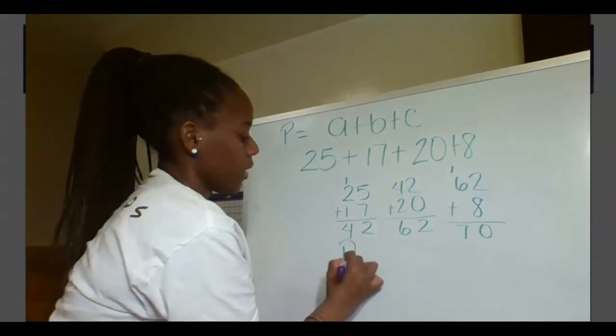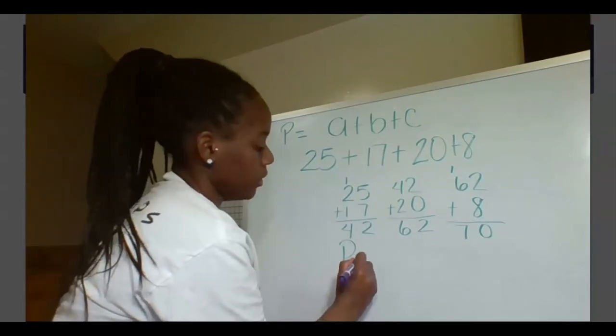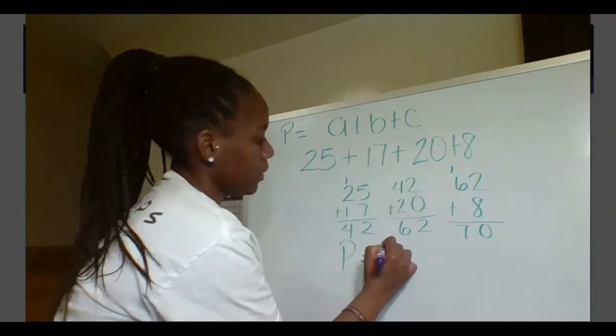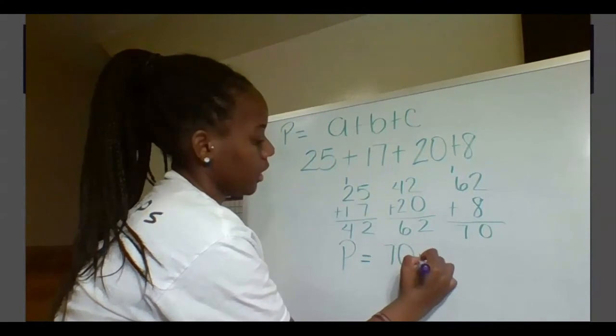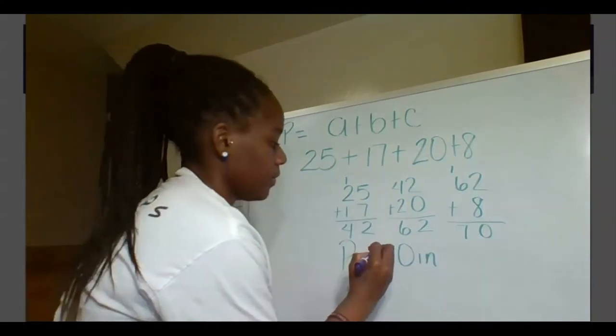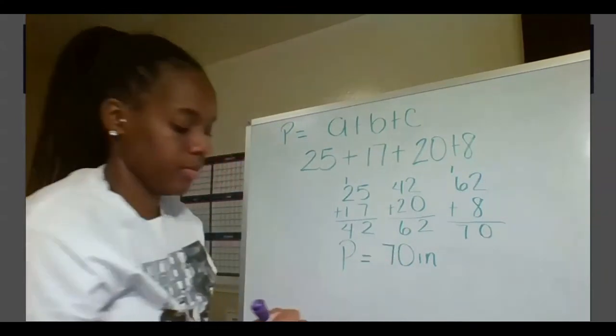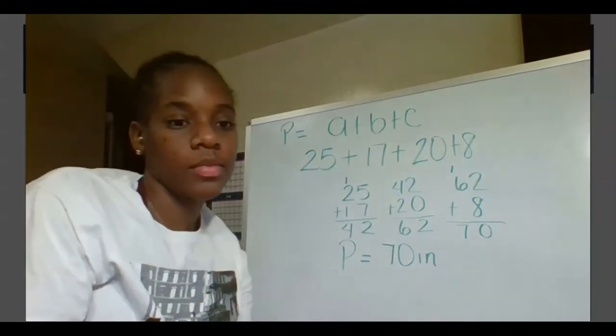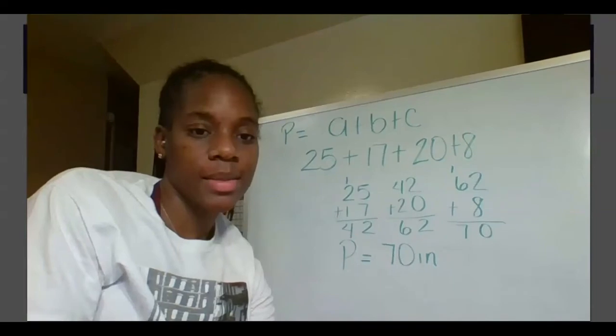So the perimeter of our triangle is a total of 70 inches. It's just that simple.